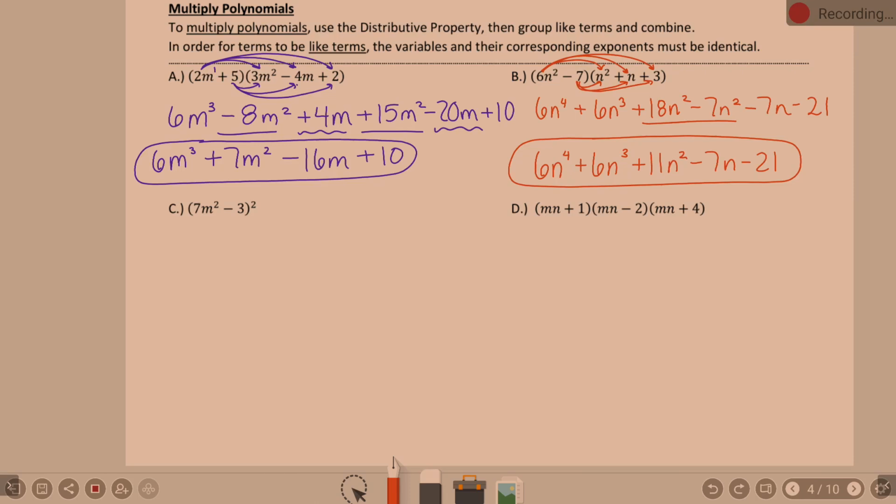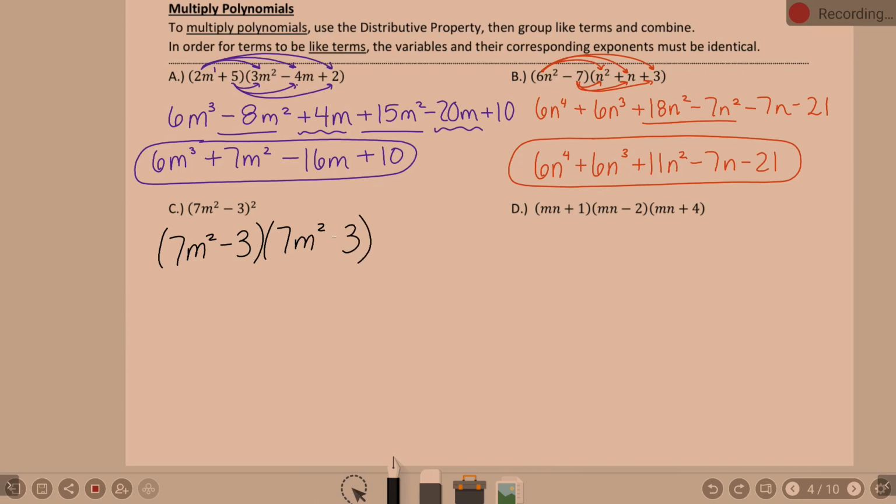Okay, what about C? So you just put it in the same thing in another parentheses. So officially, my recommendation is that before you start, you rewrite this out as 2 parentheses.